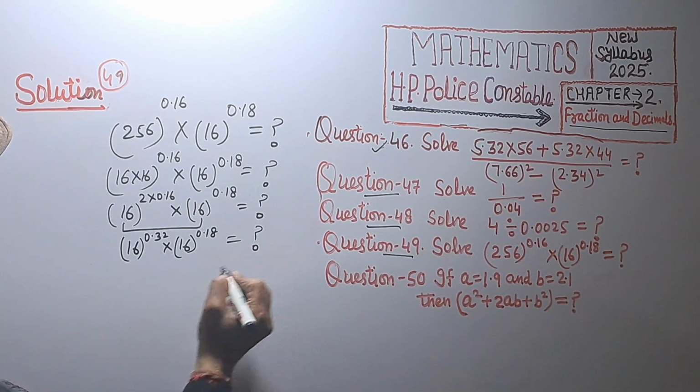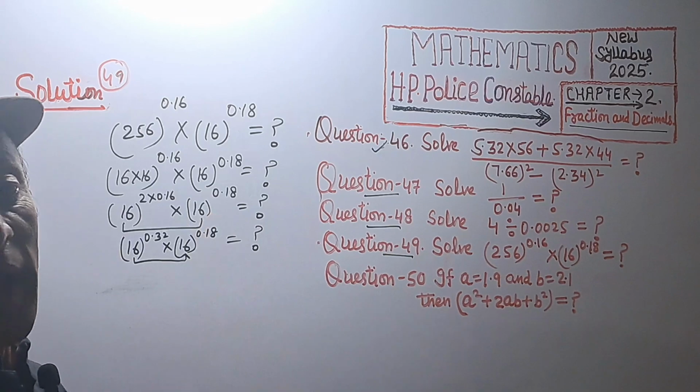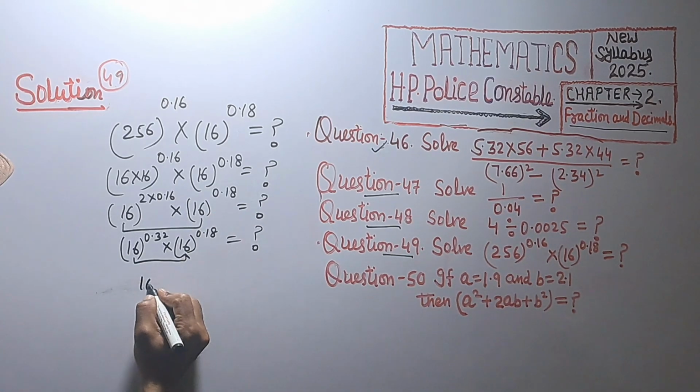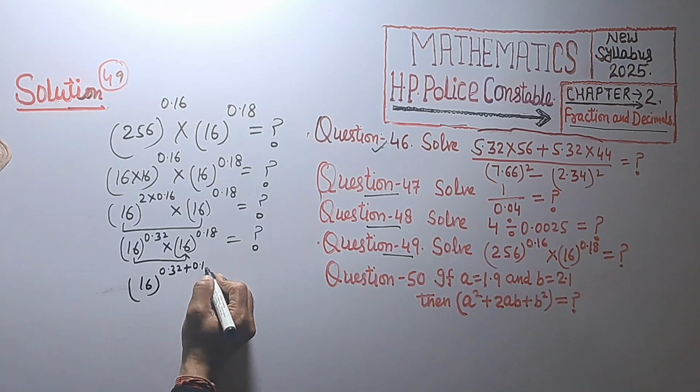When base is equal, then power must be added: 16 raised to power 0.32 plus 0.18.